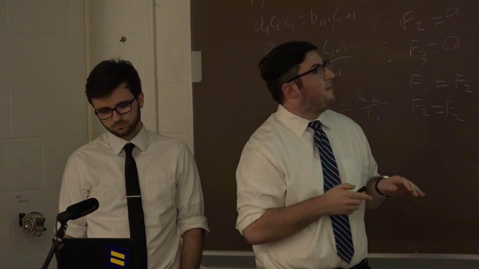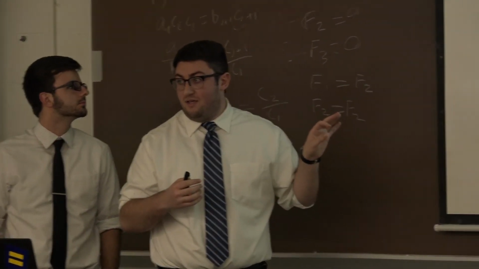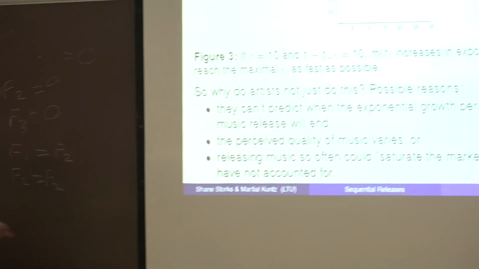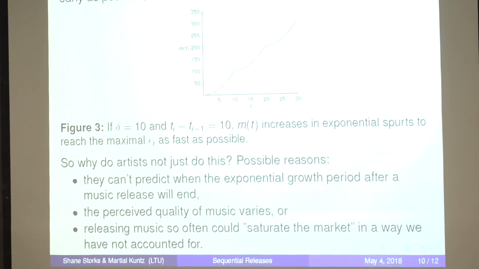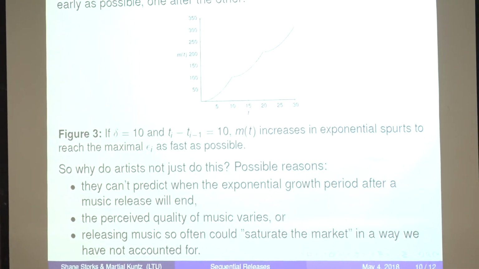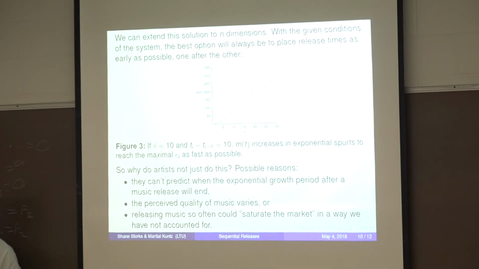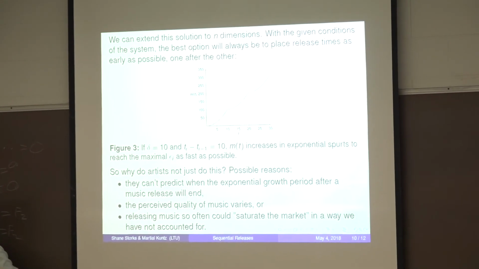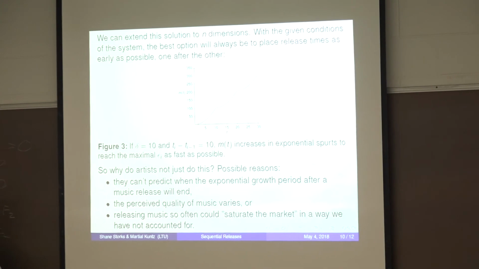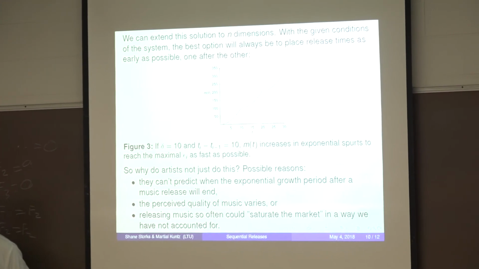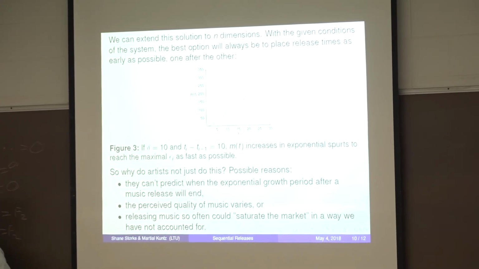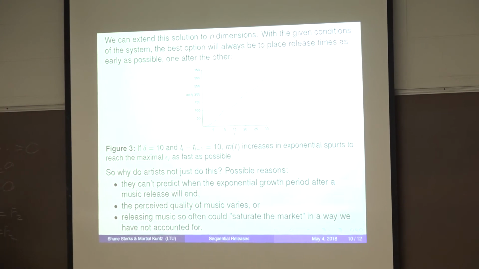So looking at a graph like this, that's what we would want it to look like as far as your release timing and mentions go. So you push them as close as you can together, you get those exponential increases one after another, and your final ambient growth rate, basically what you're going to be riding on after all your releases are done, is going to be as great as possible. So this is more of a long-term solution versus a short-term growth solution.